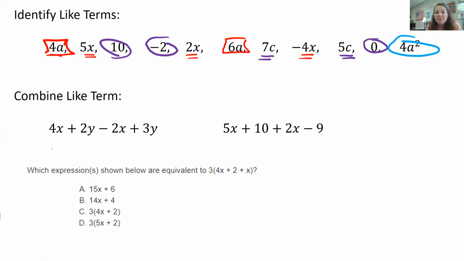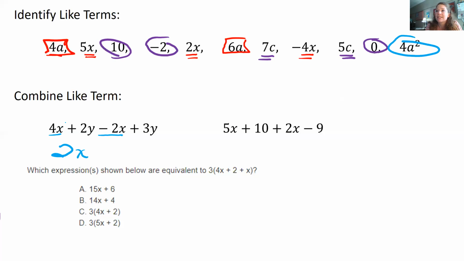So when you have like terms, you can add or subtract the coefficients. For example, 4x is like, guys, you don't think of this as 2x, you think of it as minus 2x. So since 4x and -2x are like terms, you can combine 4 minus 2, and we get 2x.